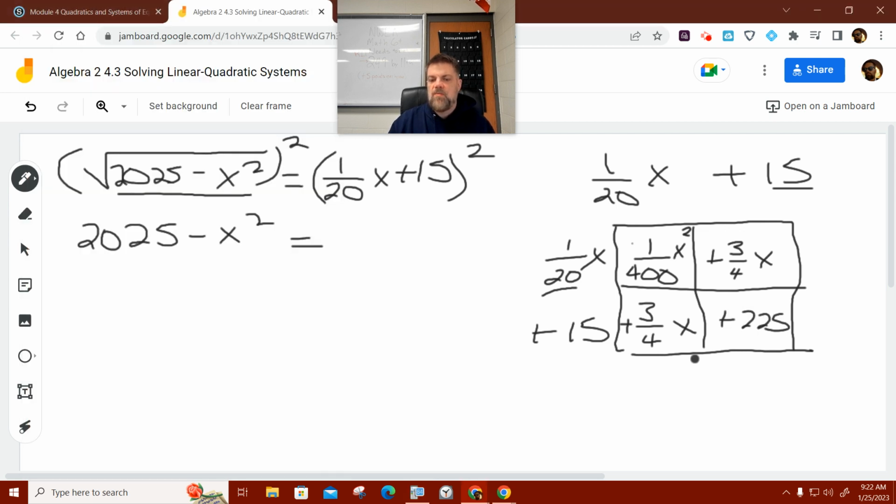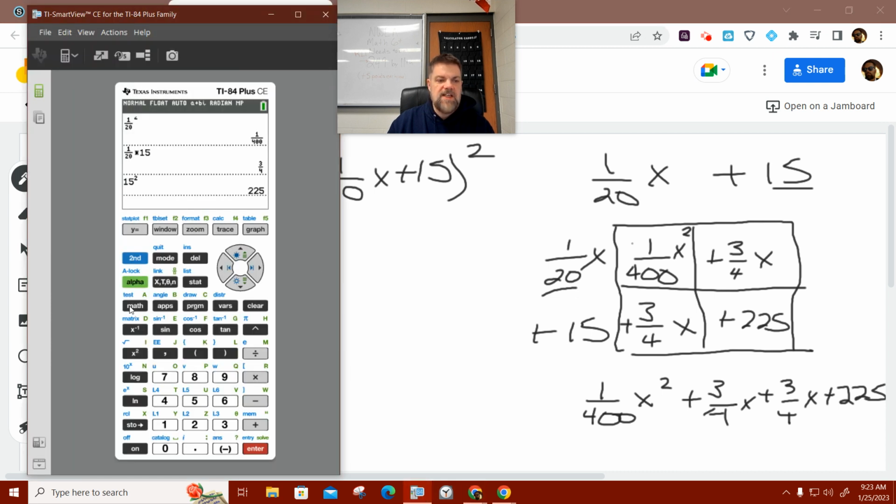So now, when I write this out, this is going to be 1 over 400 x squared plus 3/4 x plus 3/4 x plus 225. So now I need to take 3/4 plus 3/4 and add them up.